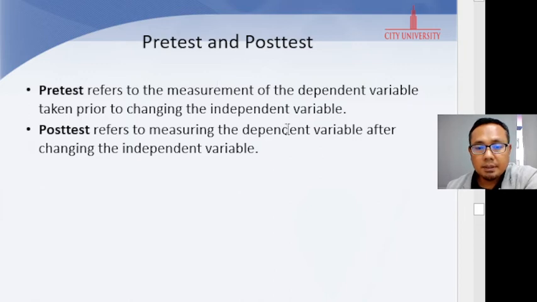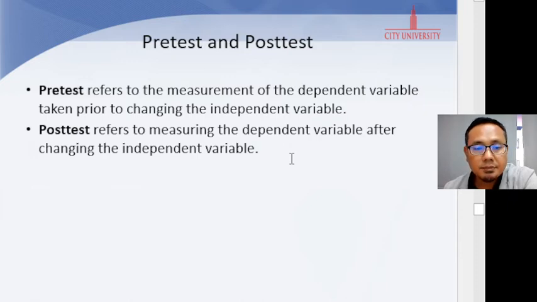Okay, this is again something we can use if we are looking for the effectiveness of a program, or if the objective of our research is to evaluate the effectiveness of a program. We can do pre-test and post-test. Pre-test refers to the measurement of the dependent variable taken prior to changing the independent variable.